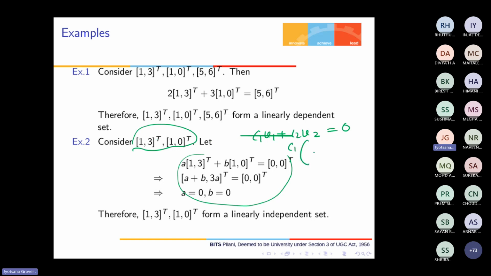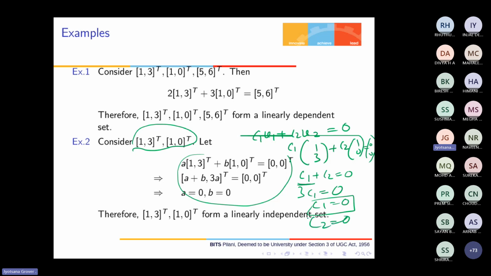So C1 times 1 3 plus C2 times 1 0 is equal to 0 0. Now you get a system of linear equations: C1 plus C2 equals 0, 3C1 plus 0 equals 0. Now C1 is 0. Substitute C1 as 0 here, so you'll get C2 is 0.